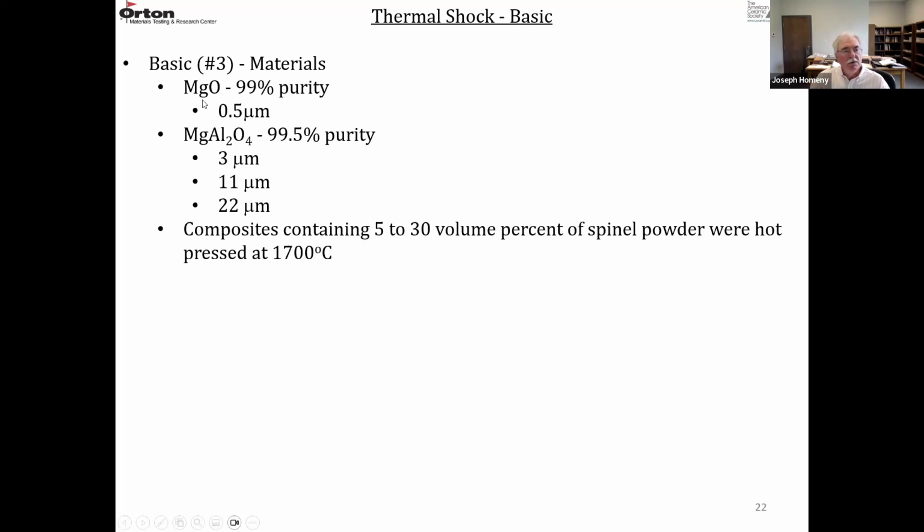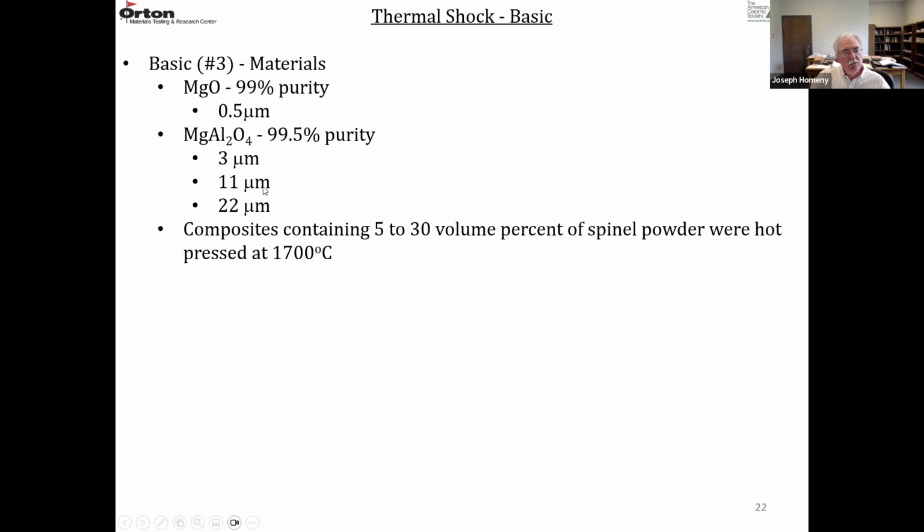So the MgO was high purity, 99% purity. It was a fine particle size material, 0.5 microns in diameter. The spinel, MgAl2O4, is also high purity, 99.5% pure.